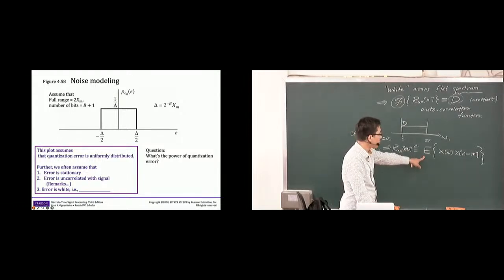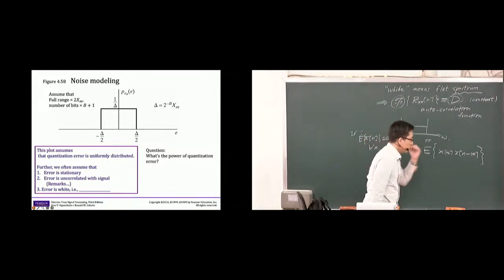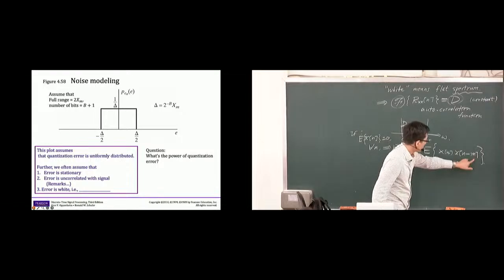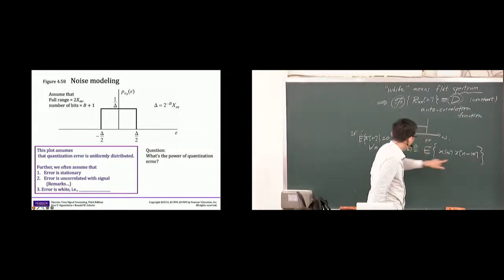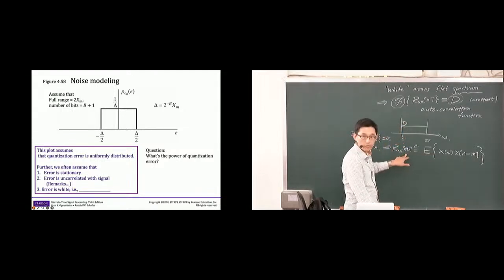It's an expected value of the correlation between the signal and itself at a later time. Okay, and you just increase the delay, decrease the delay. The result is gonna depend on m, and this thing is called the autocorrelation function.